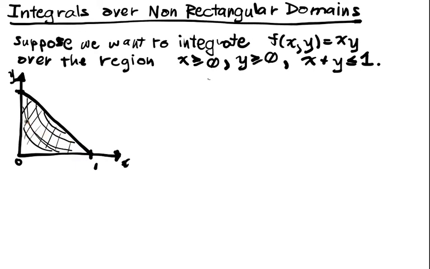Well, using rectangular methods, it's a little confusing as to what we might do. But there's a simple remedy. Let's draw the picture a little bigger to figure out exactly what we should do. I've got this domain.